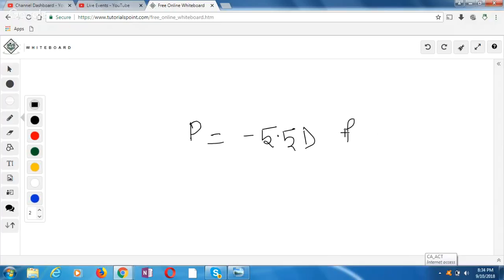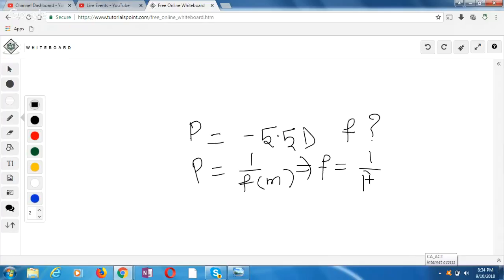So what I have to find here? I have to find focal length. What is the relationship between power and focal length? Power is equal to 1 by focal length, and this focal length has to be in meters. So focal length would be equal to 1 by P, and P would be in diopters.